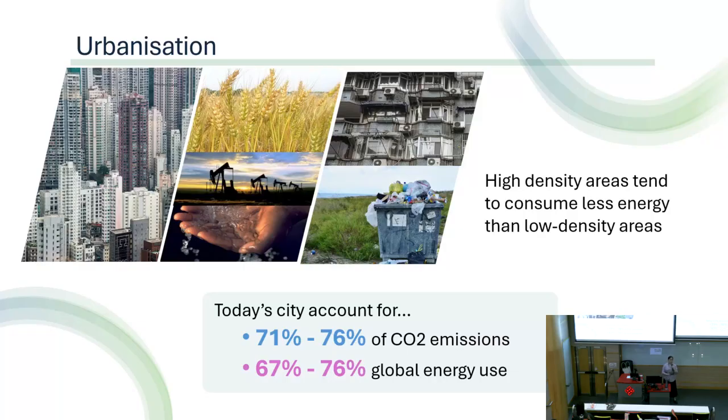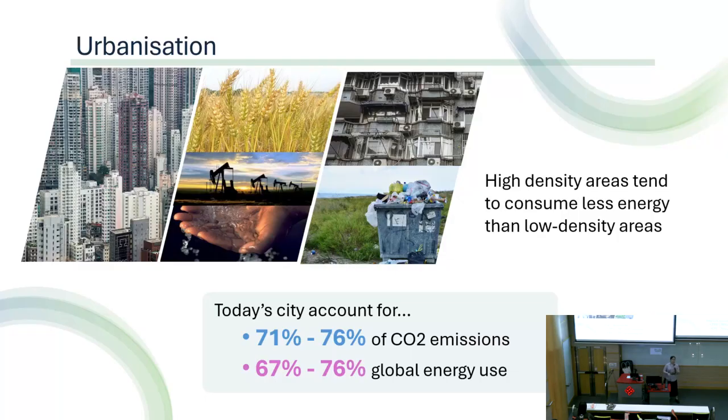Because of our needs, we of course have outputs, such as air pollution, waste, and noise. All these things that we discard contribute to an equivalent carbon emission. Today's cities account for around 71 to 76% of carbon emissions, and we use around 67 to 76% of energy use.